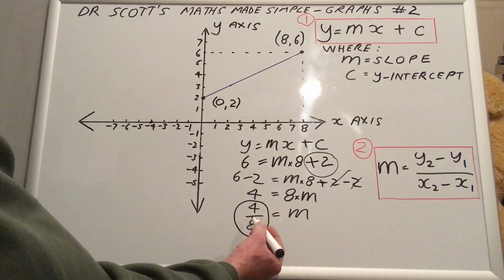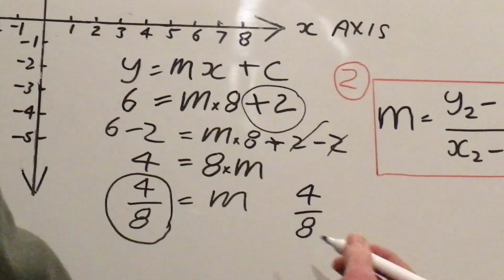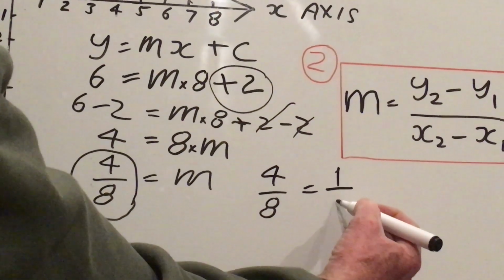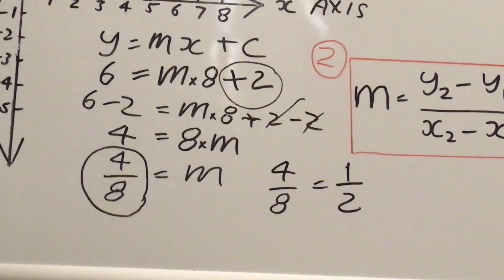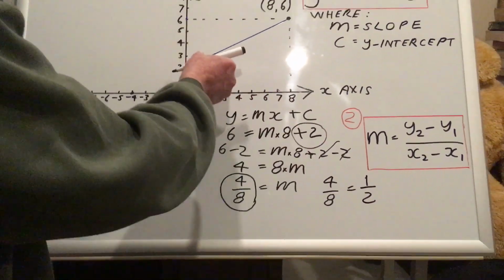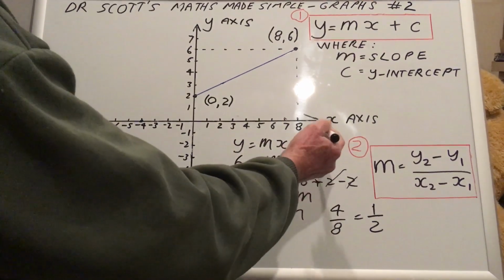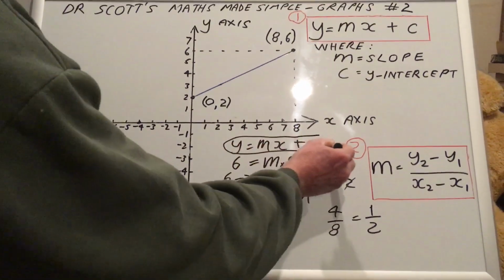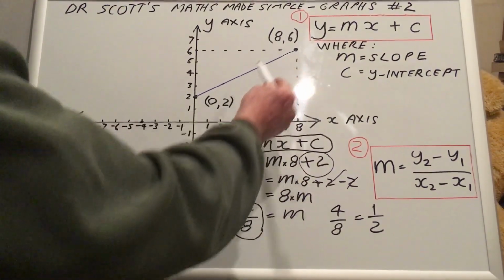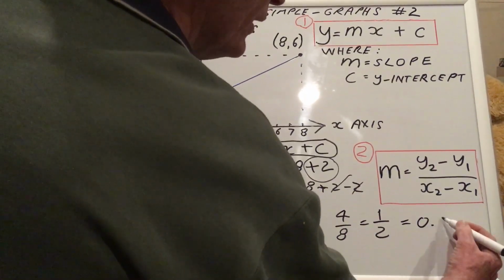So 4 on 8, if we divide the top and the bottom by 4, it's 1 on 2, or a half. So the slope of this line is a half, and not only that, it's a positive half. It's rising up to the right. So from our original formula, y equals mx plus c, we've worked out m, the slope of the line. It's positive a half, or positive 0.5.